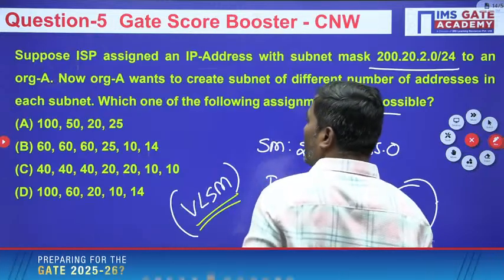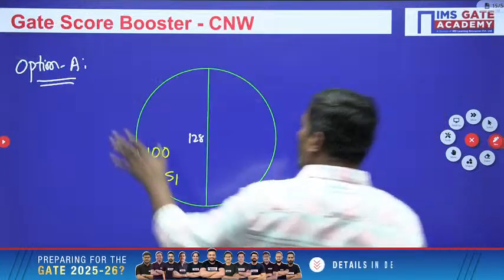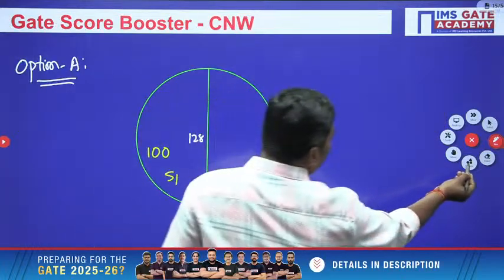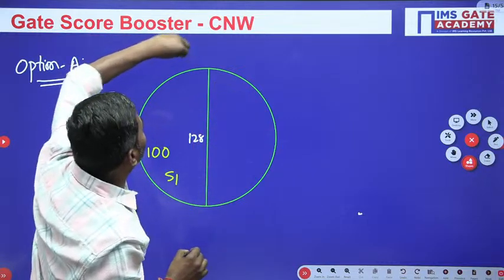Then next required are 50, 20 and 25. To assign these, I will do the same again on this part. This one starts with the number 0, this one is 1.